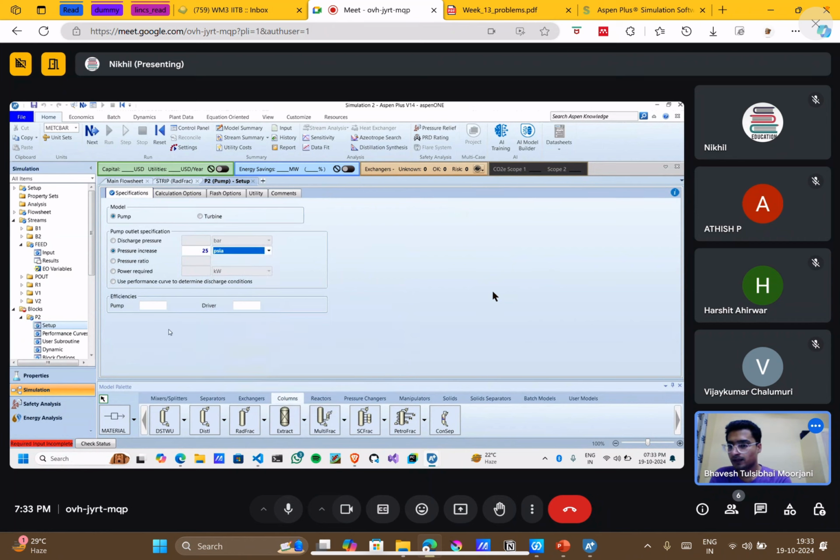Then go next. Pump 1 increases pressure by 20 psi. Yes. Go next.